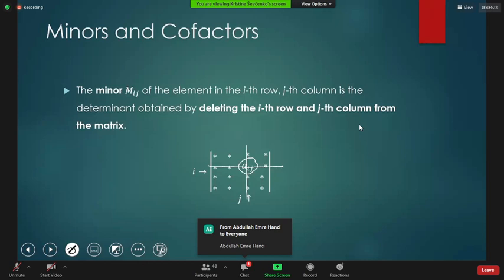This is the minor with number ij, so row i, column j. We have a big determinant, 4 by 4 or sometimes larger, but when we find a minor, that minor is one order less. One row less, one column less.